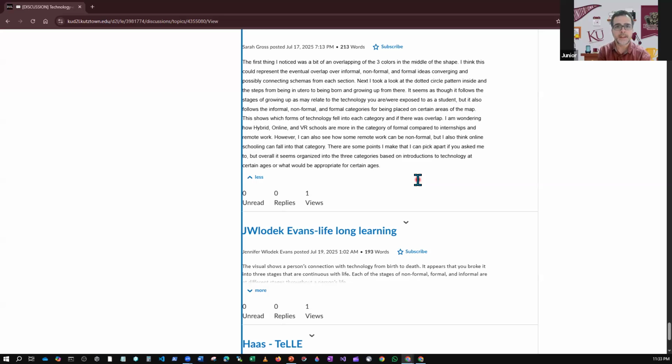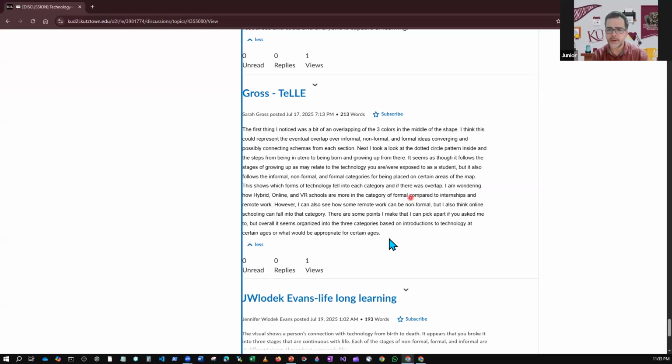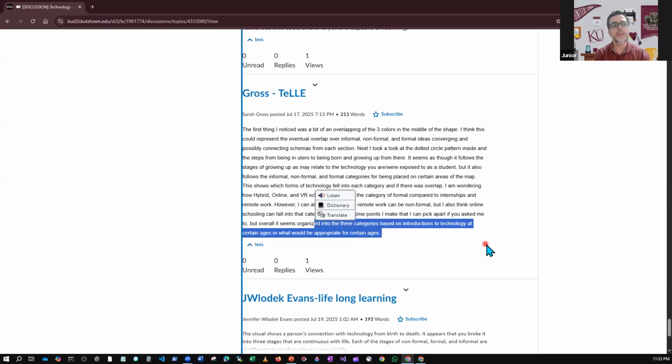Or when they are in informal places, such as at home, what should they be using, or what do they usually use? And what should they know about that technology, just like smart homes and things like that. And also based on what you said, Sarah, it could be used for introducing or even enforcing types or levels of technology according to one's age level.